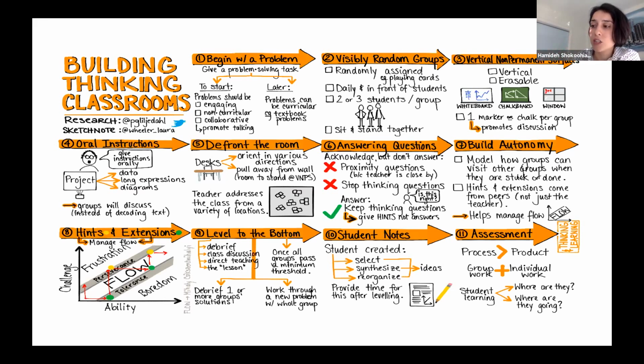And then somehow the instructor builds autonomy in the class. Students see that the class is a space where thinking is an expectation for them. They are expected to think and participate. Then, to continue the flow, the instructor gives some hints and extensions and makes sure that all of the groups have a minimum understanding of the lecture, the concept, and the problem, and then asks students to take notes for themselves.